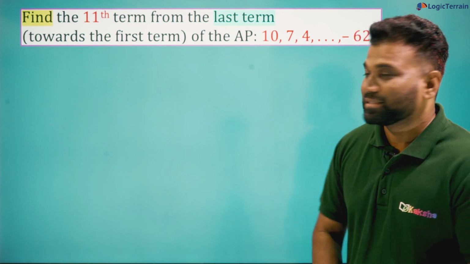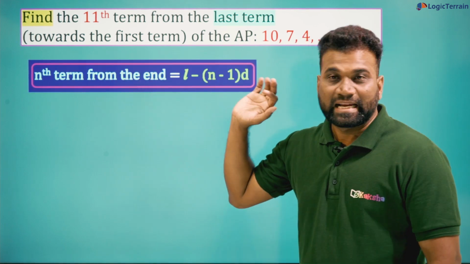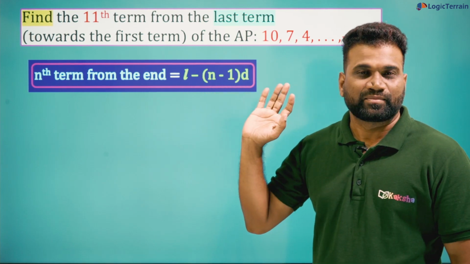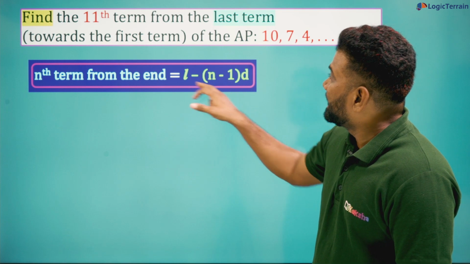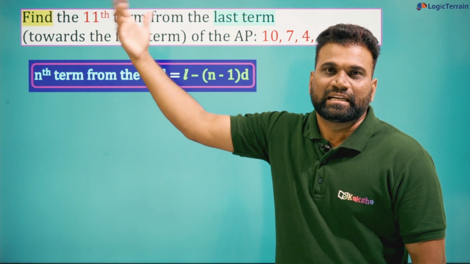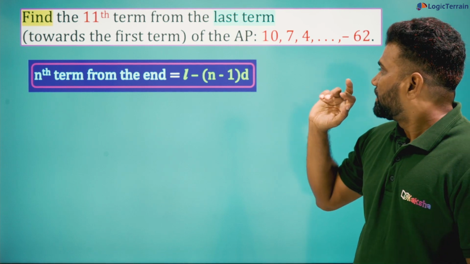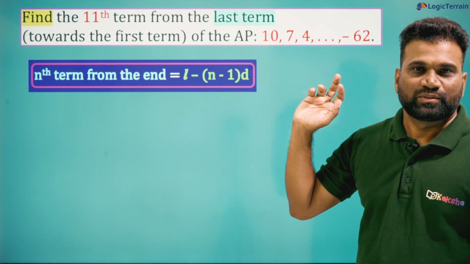What is that second formula? That is, nth term from the end is equal to L minus (n minus 1) into d. Here n is 11, so we need to find the 11th term, right? L is the last term, that is negative 62, and we can find d also, right?